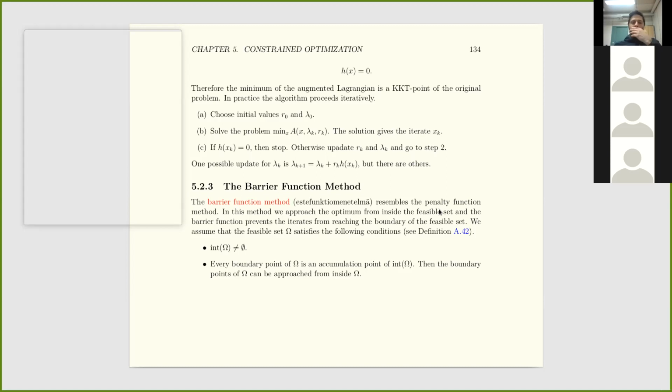So let's just assume that our feasible set satisfies the following conditions. First of all, it needs to have interior points. If it's all pure border, this won't work.